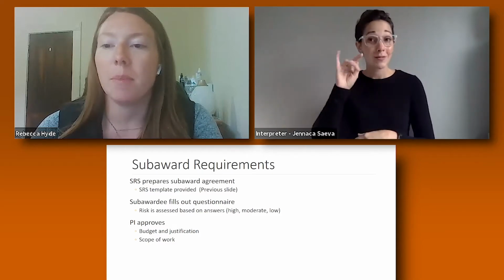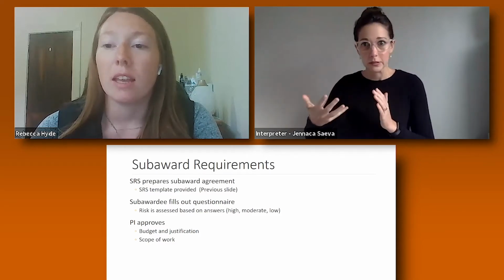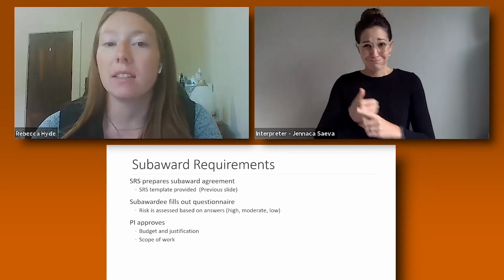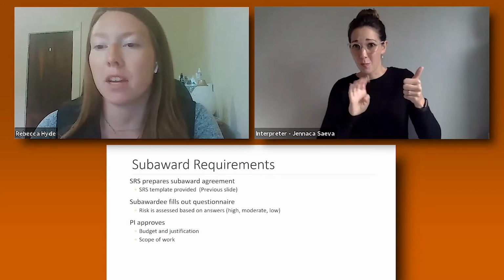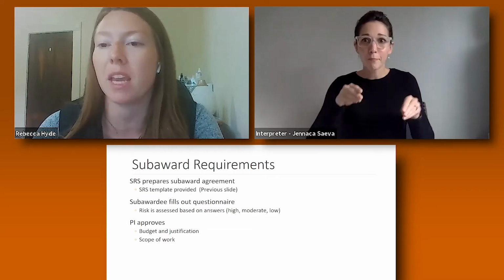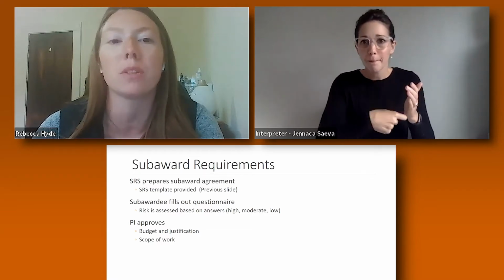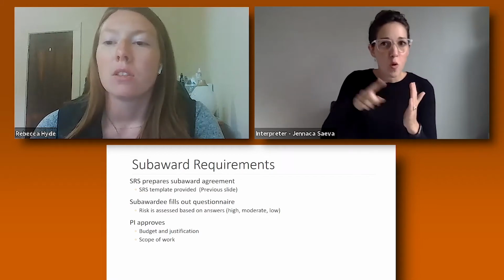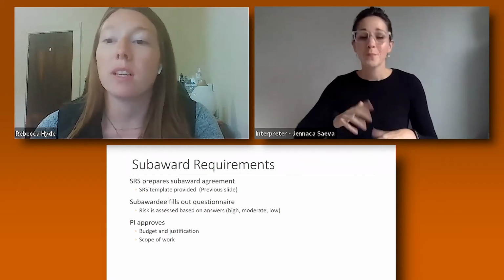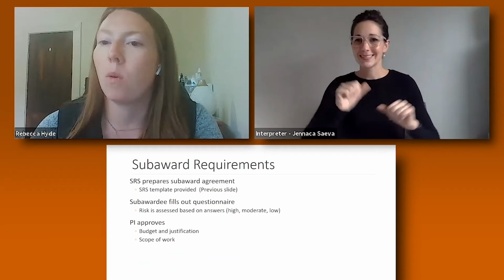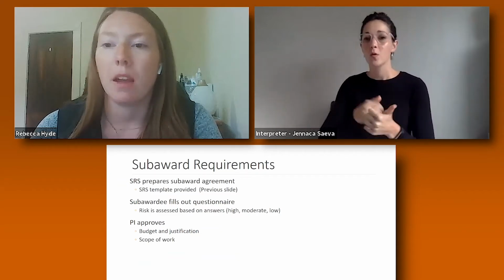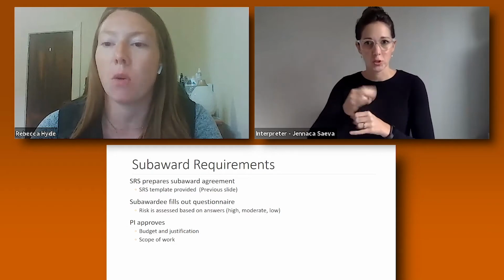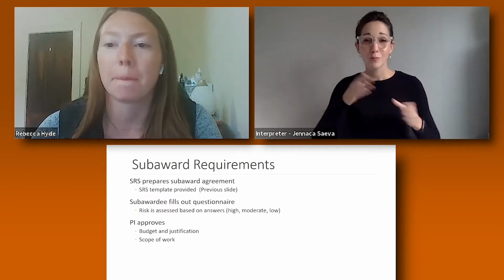Because RIT, being the recipient, has all the responsibilities associated with the subaward, we're in charge of monitoring their spending habits and making sure that they're in compliance with federal rules and regulations. So what RIT does is send them a risk assessment so we kind of know what we're getting ourselves into with dealing with another university. And it helps us plan for the grant ahead.